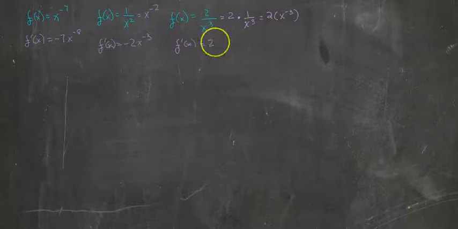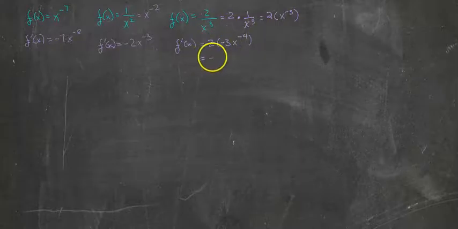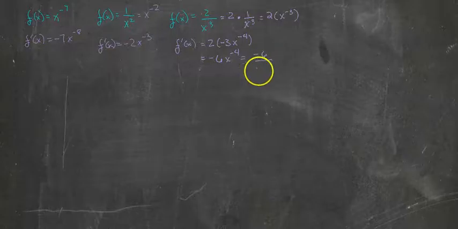So 2, constant multiple rule, and then times -3 x to the -3, take away 1, minus 4, or -4. And now clean it all up. -6 x to the -4, or if you prefer, -6 over x to the 4th.